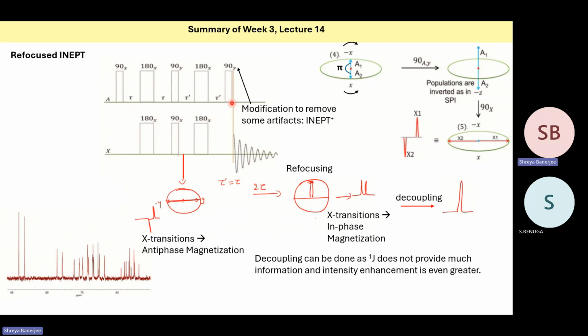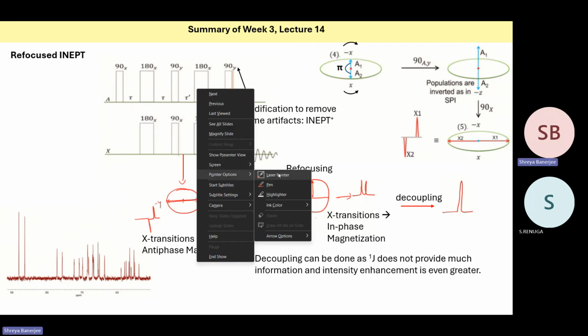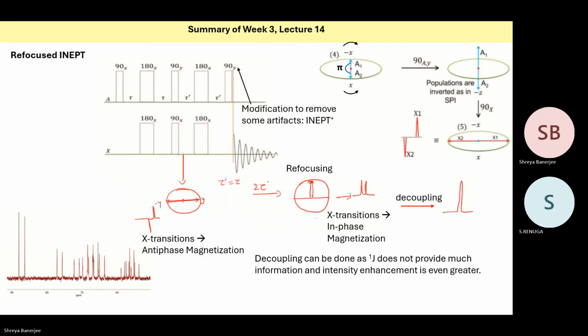Now another improvement over the INEPT experiment. In the INEPT experiment, what did we see? The INEPT experiment is basically up to here. Now this extra portion has been added.